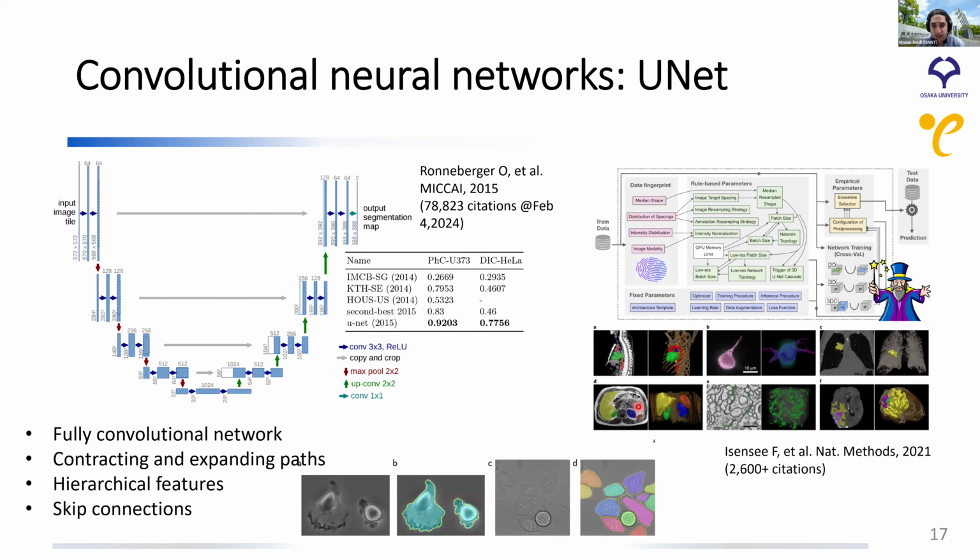So this model, with its variation, the nnU-Net model, which is a self-configuring version of it, has witnessed wide applications, which are really one successful example of convolutional neural networks.